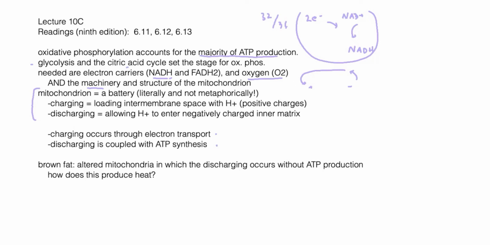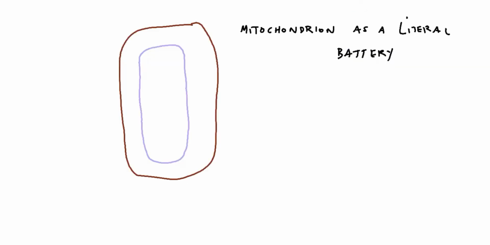On the next slide, I've got a diagrammatic picture of the mitochondrion showing the outer membrane and the inner membrane. The two compartments we have here are the inner matrix and the intermembrane space.